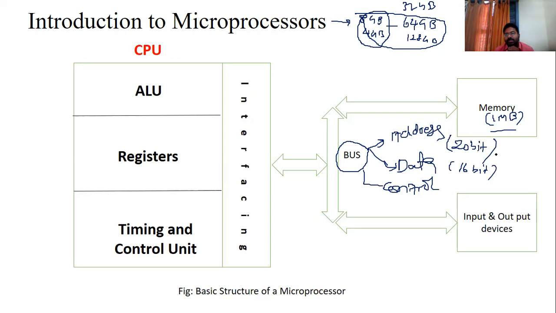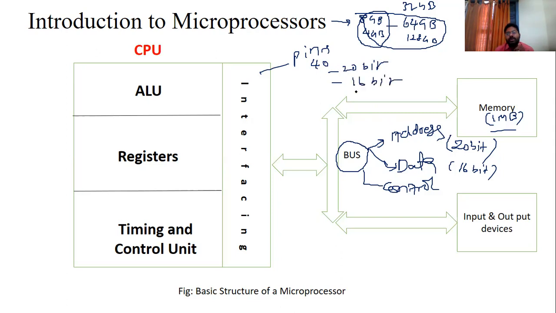It's 16 lines. 20-bit means these are the pins, and each line carries one address bit. Out of the 40 pins, 20 pins are used for the address, and 16 bits are used for the data.